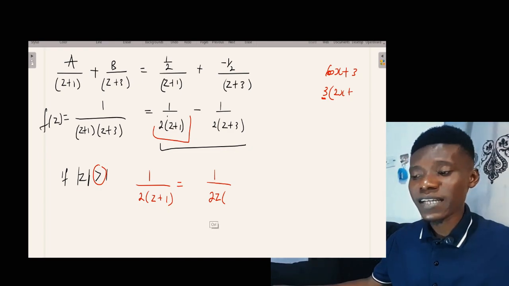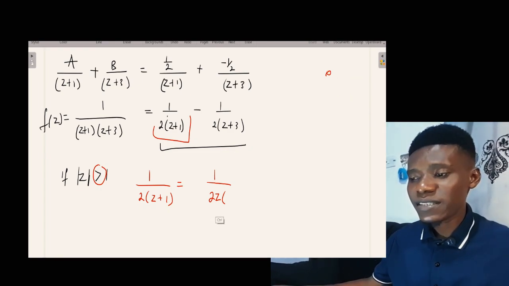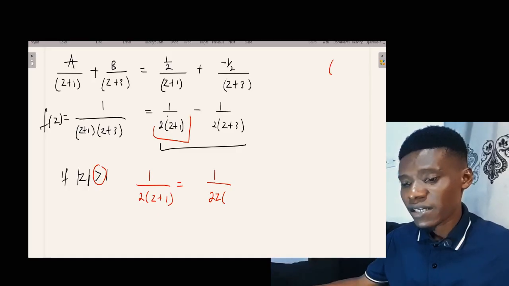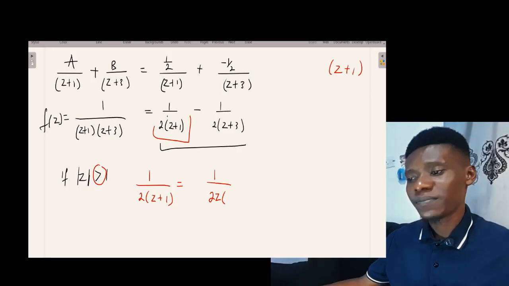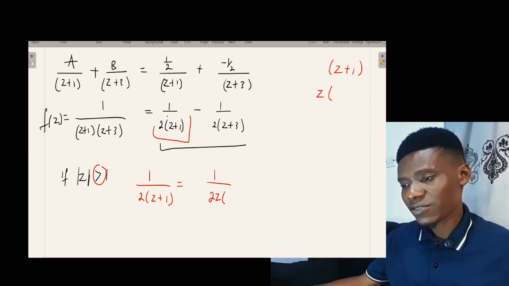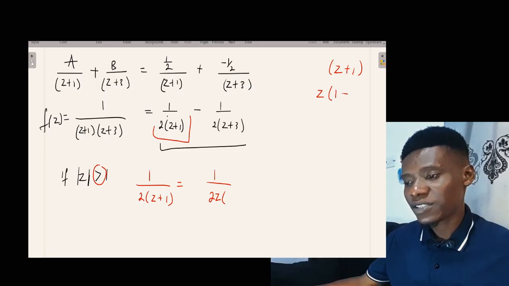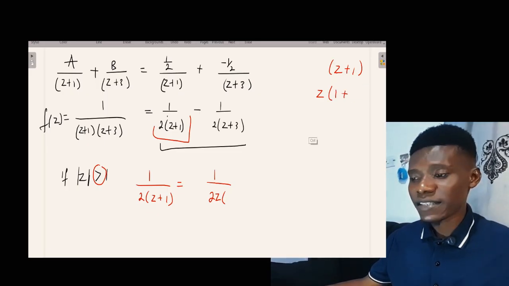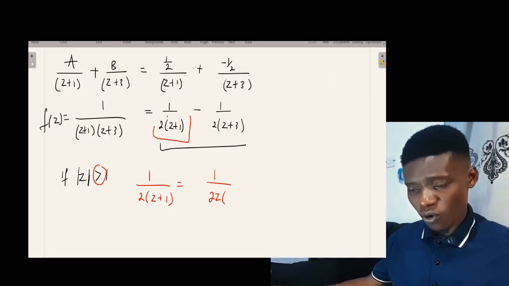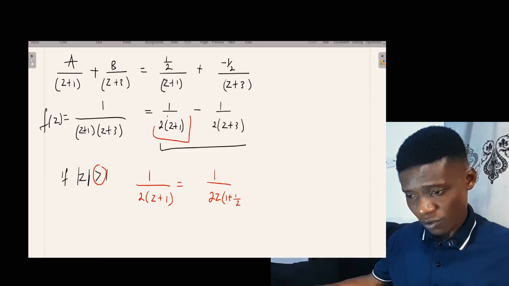The same thing is applicable here. Since you are factoring out z from z plus 1, you write out your z, and you say z divided by z is 1, plus 1 divided by z, which is 1 over z. So now you'll be having 1 over 2z into 1 plus 1 over z.